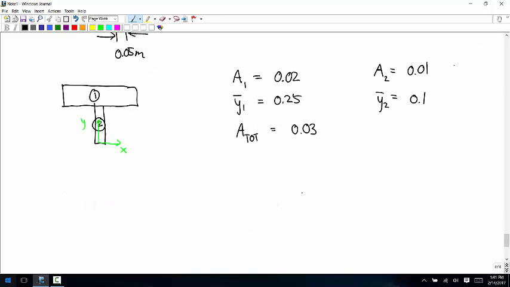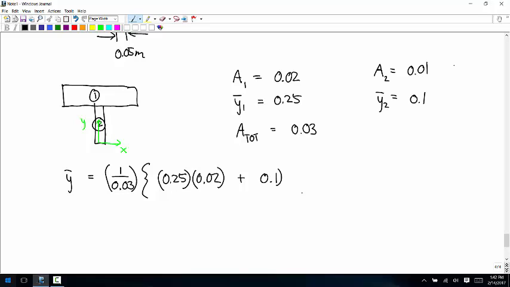So the sum formula says the y centroid is equal to 1 over 0.03 times the centroid of piece 1 times its area, so that's 0.25 times 0.02, plus the centroid of piece 2 times its area, 0.01.